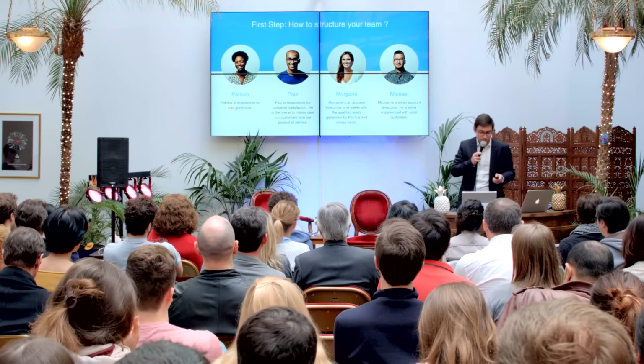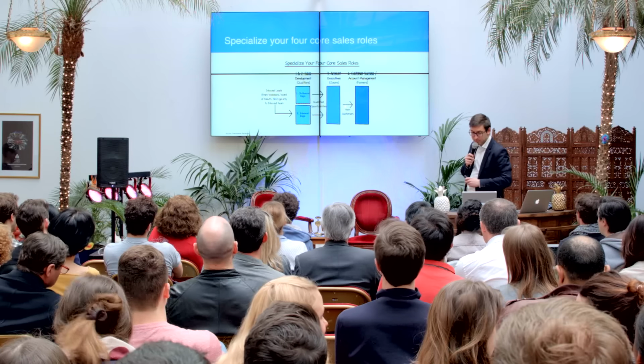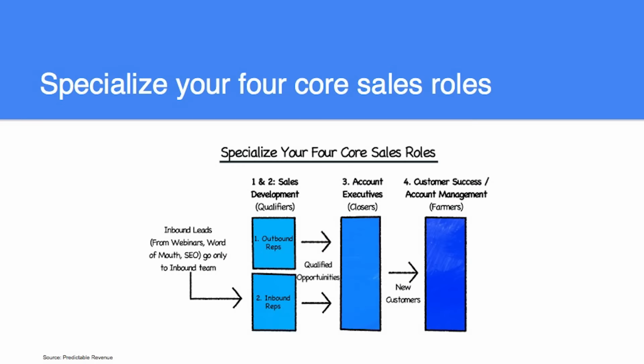Basically, you will have this type of specialization, with inbound reps and outbound reps who generate inbound and outbound leads, qualify these leads, and pass them on to your account executives. Your account executives' only job is to contact these qualified leads, set up presentations and meetings, and close the deals.